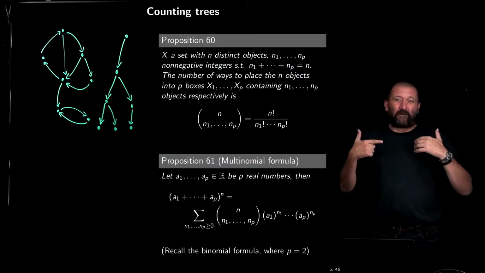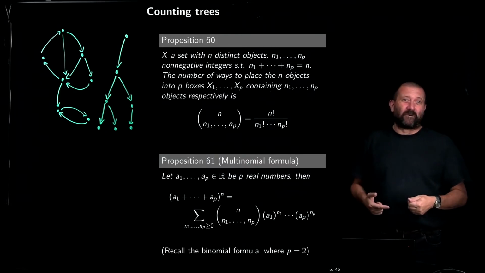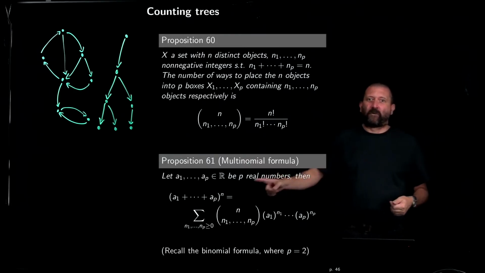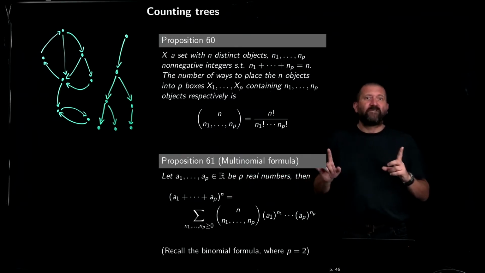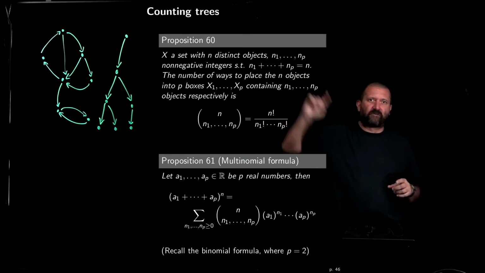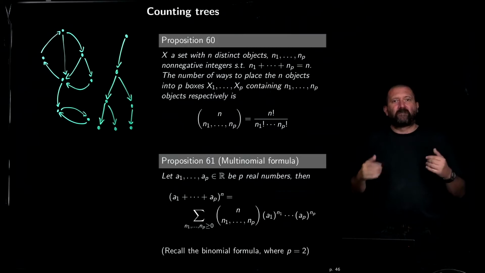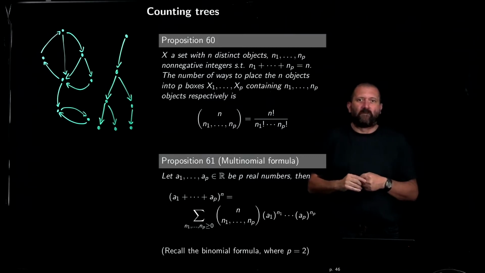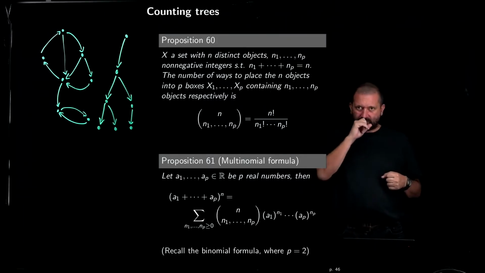And then we have what is called the multinomial formula, which states the following. Remember I was looking at integers, but I can do that with real numbers.